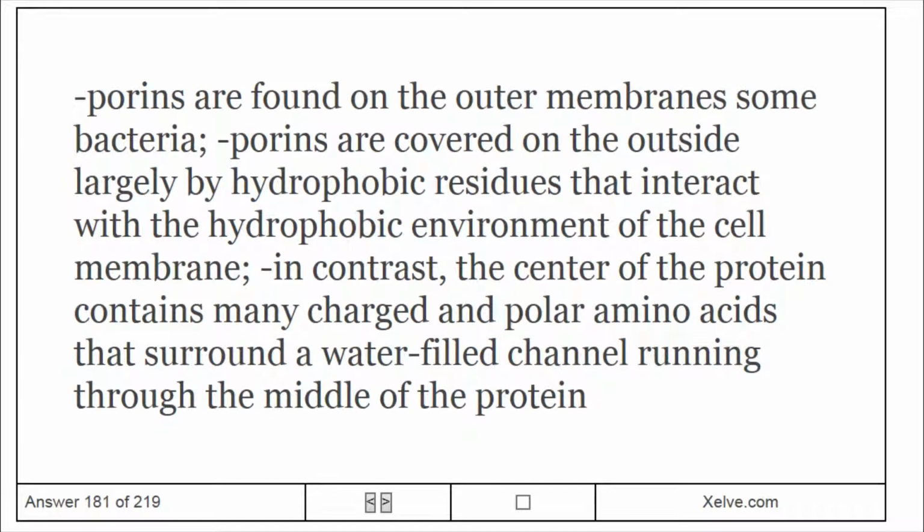Porins are found on the outer membranes of some bacteria. Porins are covered on the outside largely by hydrophobic residues that interact with the hydrophobic environment of the cell membrane. In contrast, the center of the protein contains many charged and polar amino acids that surround a water-filled channel running through the middle of the protein.